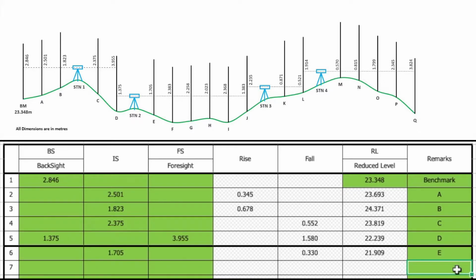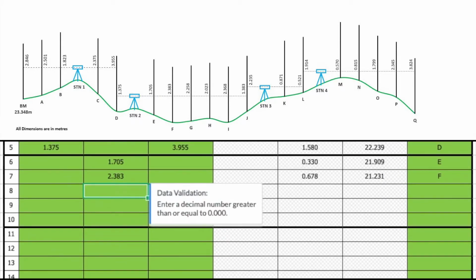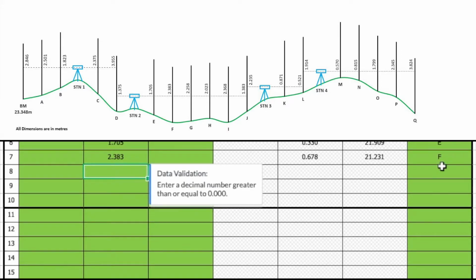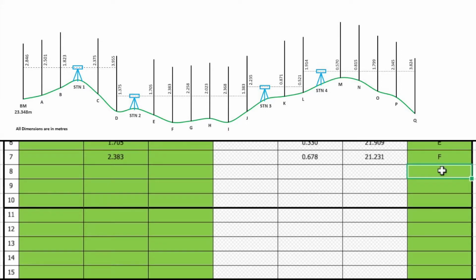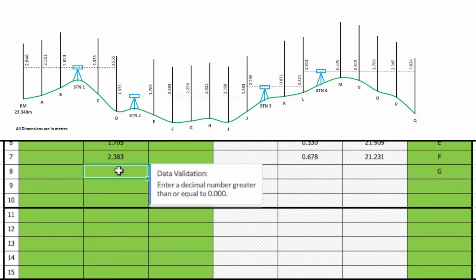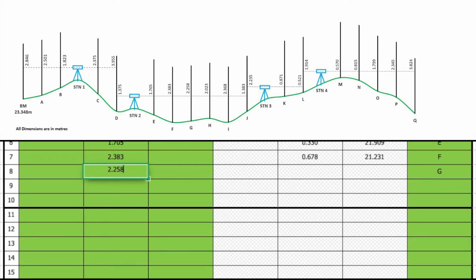Next reading, point F, 2.383. Next point, point G, again an intermediate reading, 2.258.